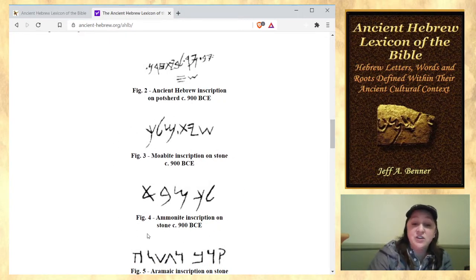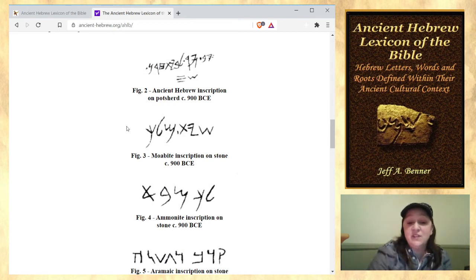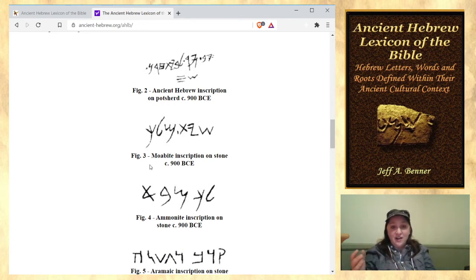Eventually, it turned into something like this, which some people would call Paleo Hebrew. You may have even seen some letters like this on the Ten Commandments tablets that Moses brought down from Mount Sinai in the movie The Ten Commandments.